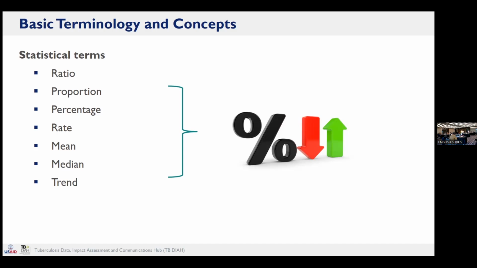We leave it open, or maybe shall we give one each, or you want to make your own choice? Just to make sure that all of them are covered. Moldova, which one do you pick from this? Rate. Armenia, percentage. Ukraine? Percent of treatment effectiveness.